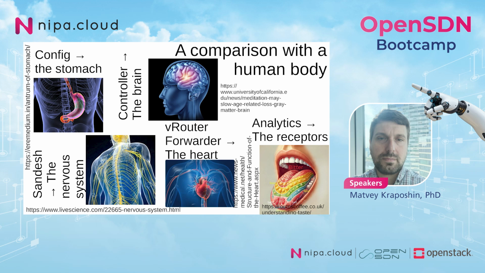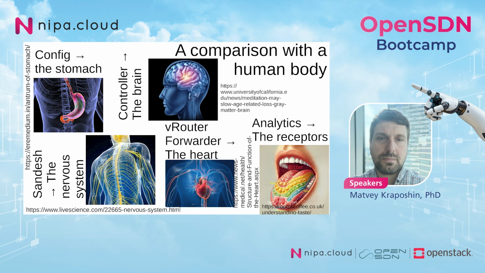We can think of OpenSDN as a human body, where the controller is like a brain and config is like a stomach which digests information, and the vRouter forwarder propels packets instead of blood through vessels.